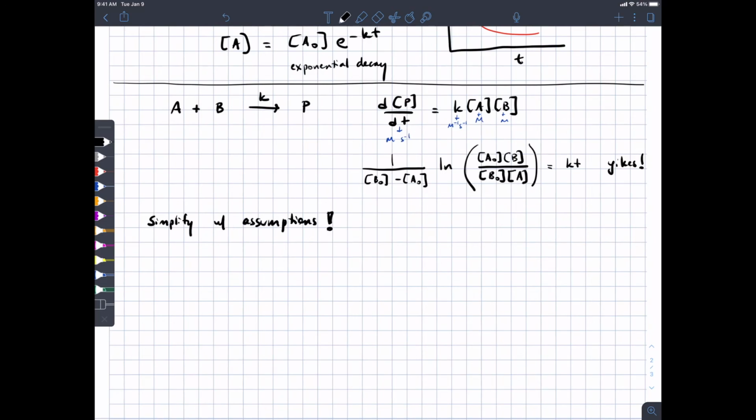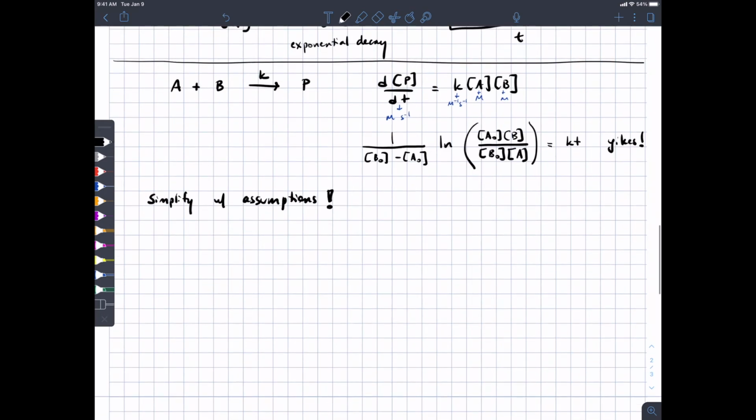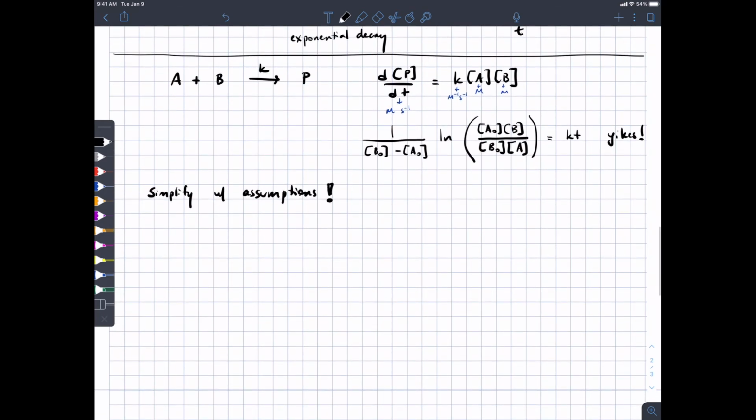And we have to hope that our assumptions are good assumptions. So we're going to try to run this reaction under what are called pseudo first order reaction conditions.